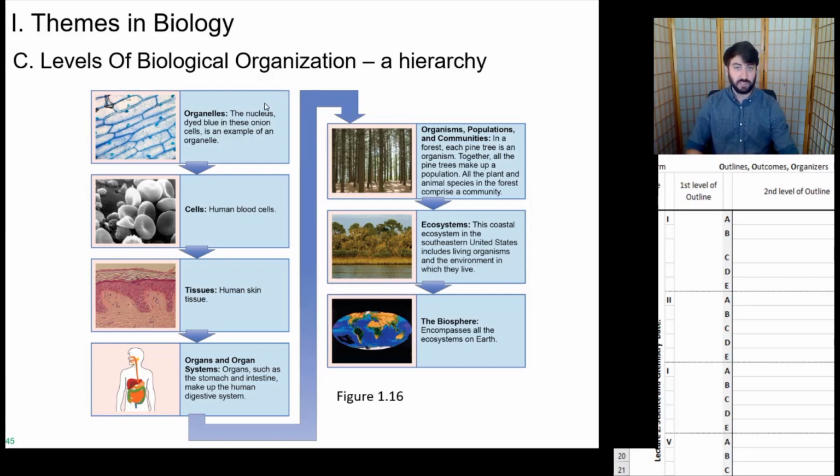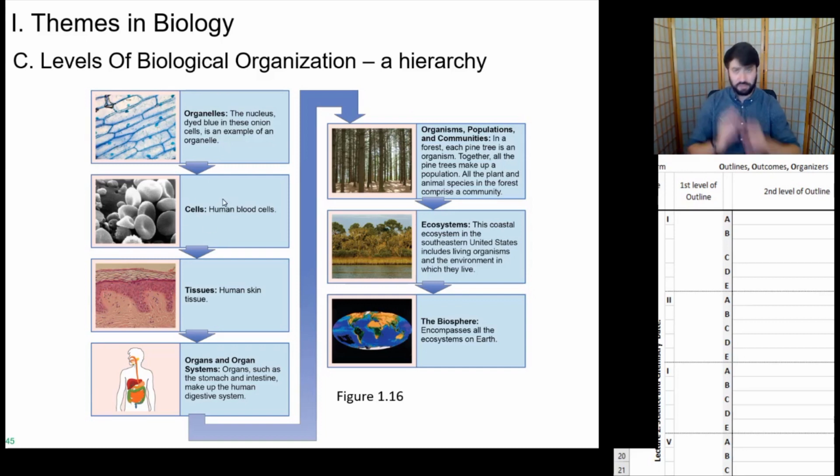So for example, you start out with organelles here, which are components we're going to talk about in just a few lectures. So you have organelles like a nucleus or the cell wall or an endoplasmic reticulum. You'll know what all that means in a little bit. So you put these organelles together and you get a cell.